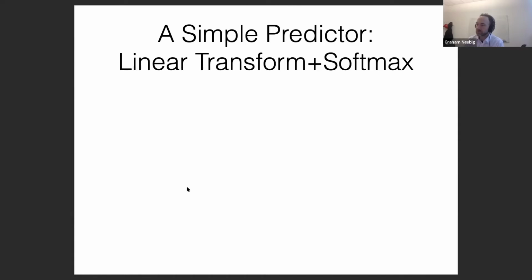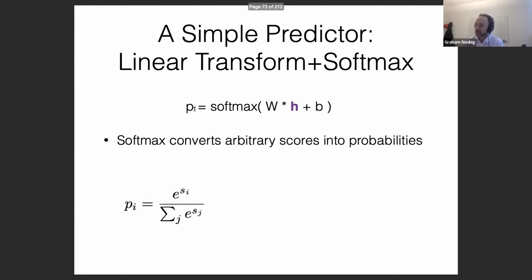As our simple predictor, we can have something like a linear transform and a softmax function. What that looks like is we take the extracted features and multiply them by a weight matrix. We add a bias here, which tells you essentially how likely each of the labels is a priori. And then the softmax converts arbitrary scores into probabilities.